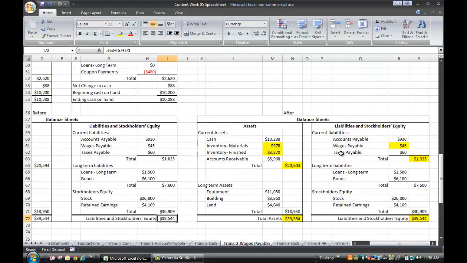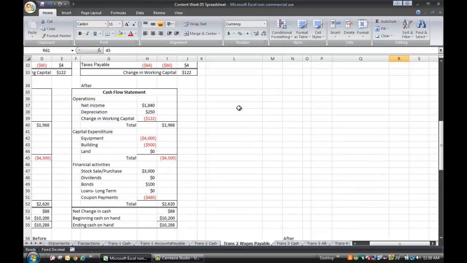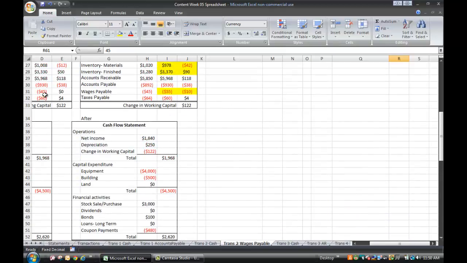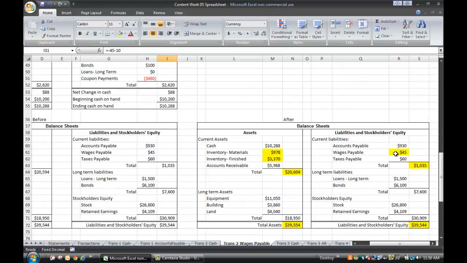What happened to the other $10? Well, it's in wages payable. We now owe $45. Before we go up here, it was 45, now it's 55. So we have to add $10 of wages payable.